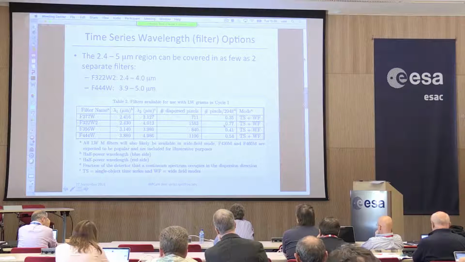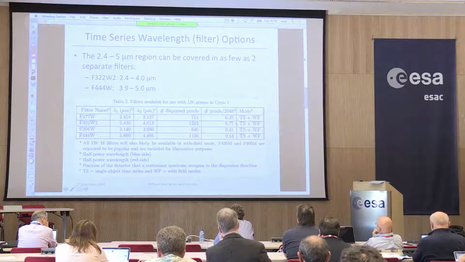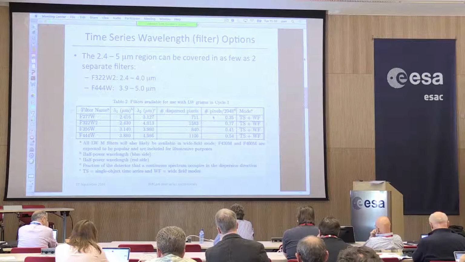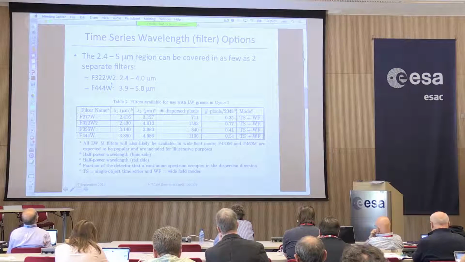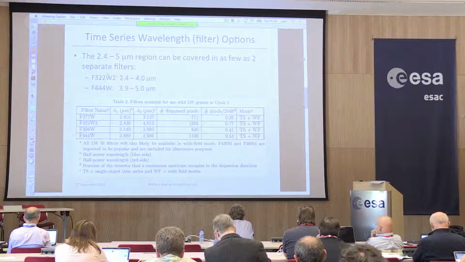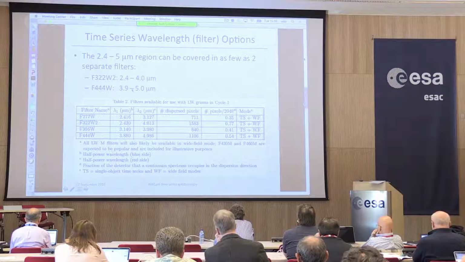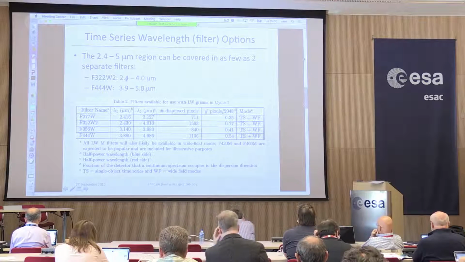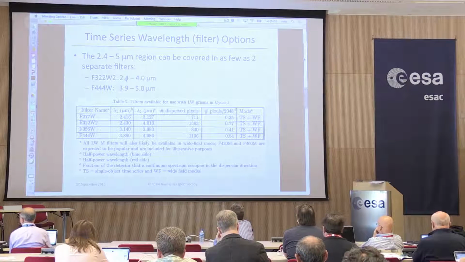This wide one takes up 77% of the width of the detector, and they all operate in first order. These at the top, F322W2 and F444W, will probably be the most popular for transit spectroscopy. With the 2 of them, you get 2.4 to 5 microns, though it does require 2 observations to span that whole wavelength range.